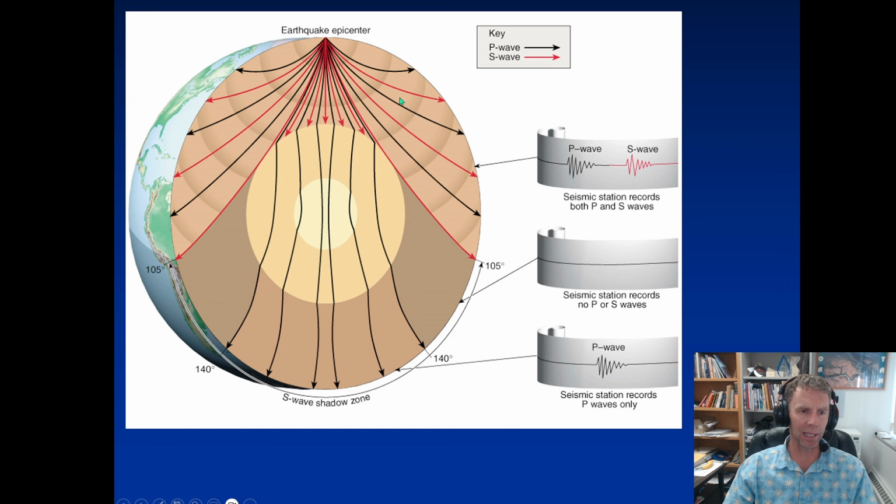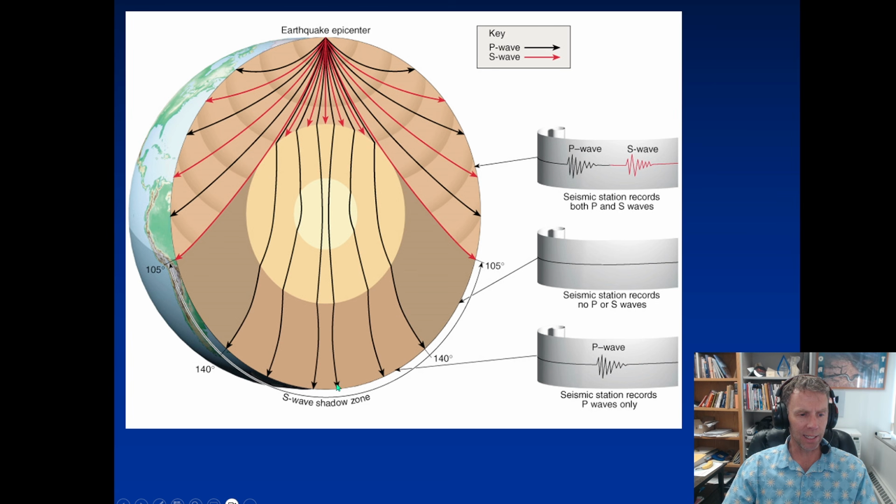What we see is something like this. We see earthquakes being generated, and as those seismic waves pass through the Earth, they sometimes change direction. So you can see these little black lines here actually changing direction slightly. This is called refraction. In the case of these red lines here, which are S waves, and we'll get to earthquakes later on in a future video episode, notice that those S waves don't even go through this layer of the Earth, which is the outer core.